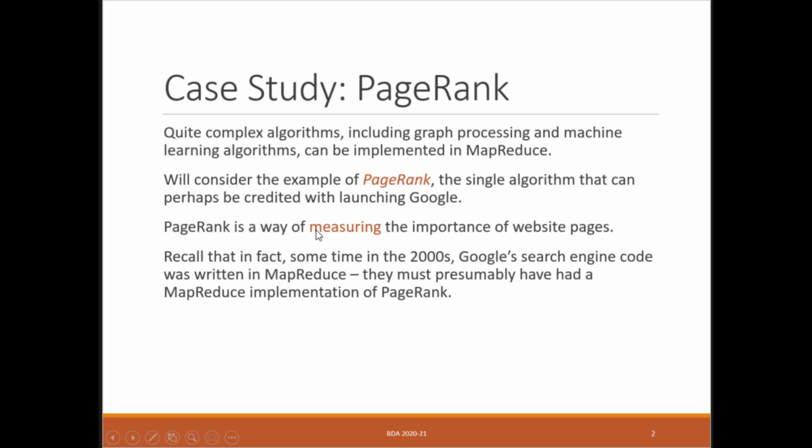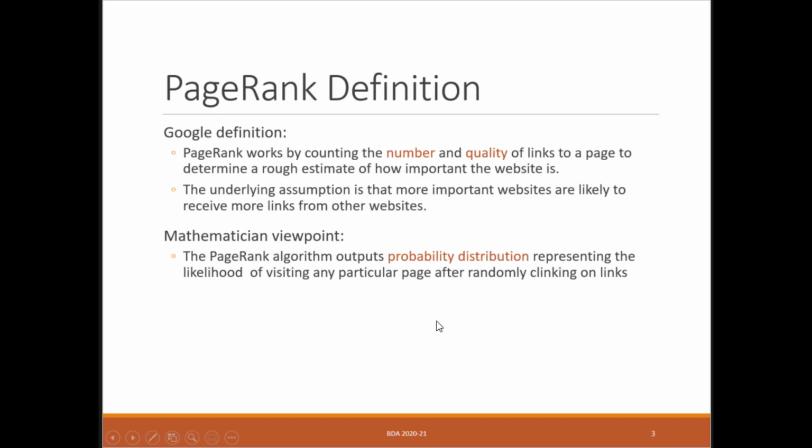It is a kind of graph processing algorithm employed by Google's search engine to measure the importance of web pages on the internet. According to Google's definition, PageRank estimates the importance of websites based on the number and quality of links to them.